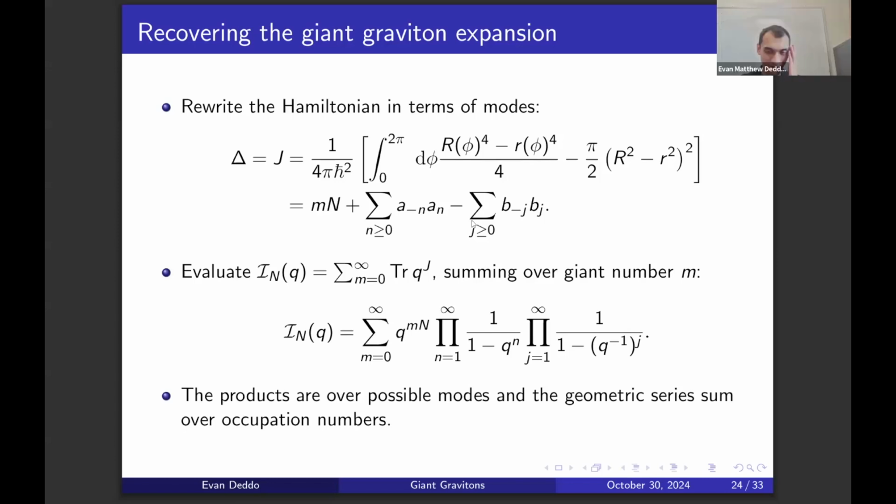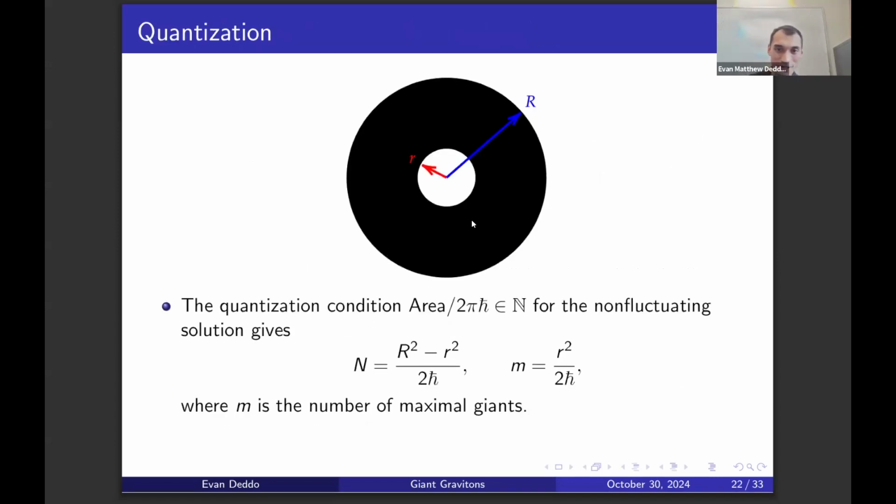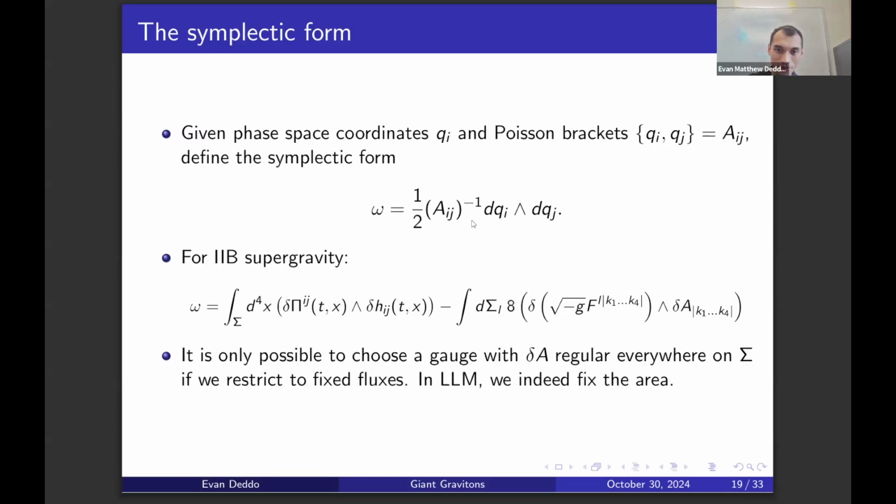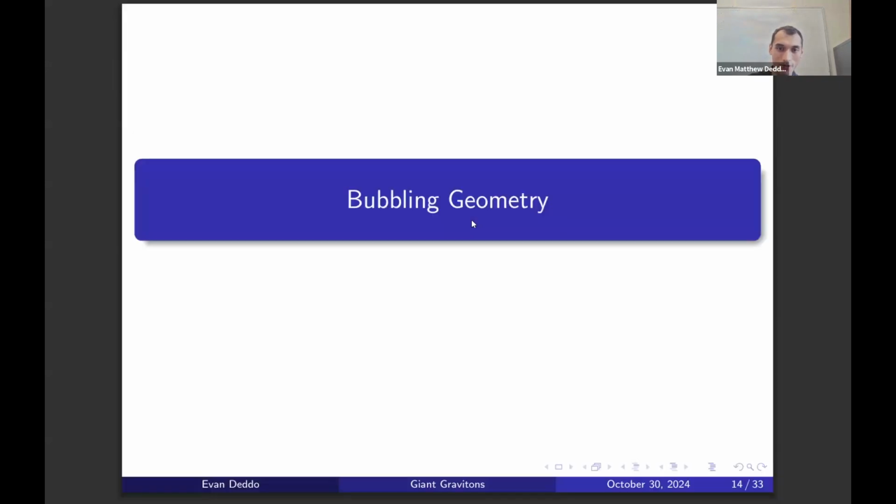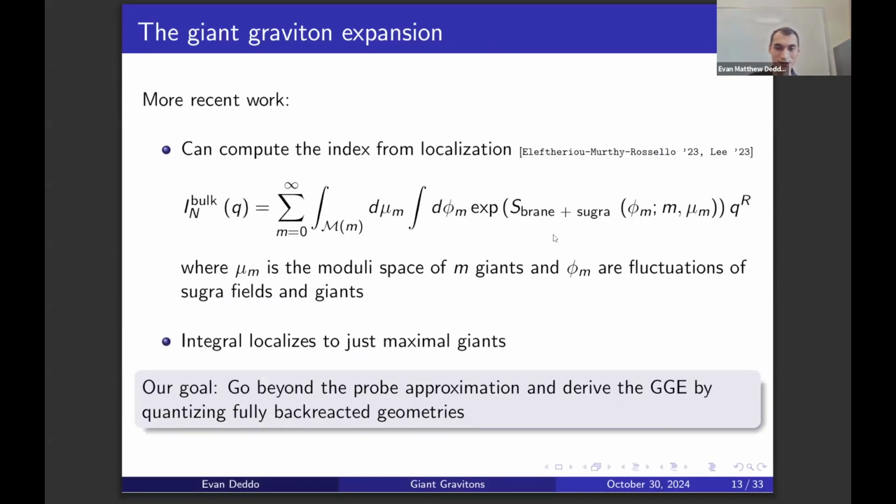Yeah. Thank you for asking that, because I think maybe this wasn't clarified. So what Murphy did was a probe brane description, where we insert these D3 branes, and we have the DBI action plus the super action. But we know that these D3 branes will back react on the geometry.